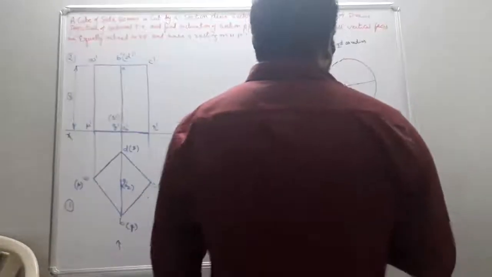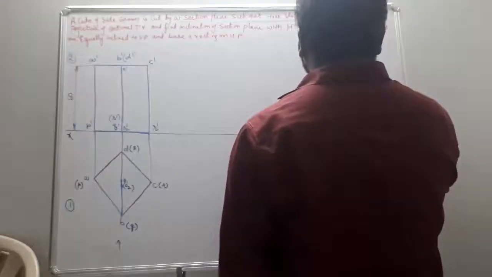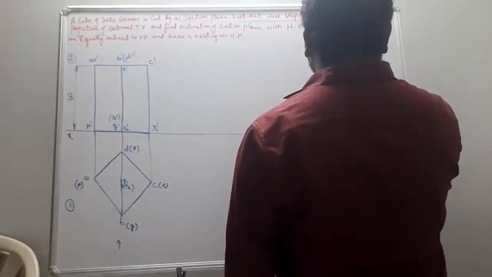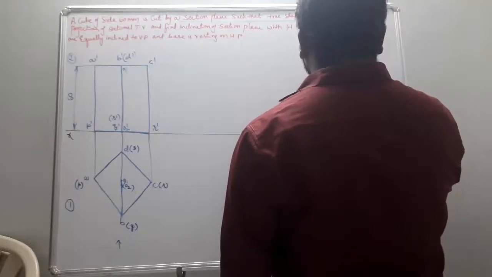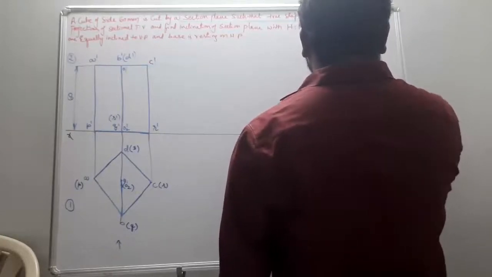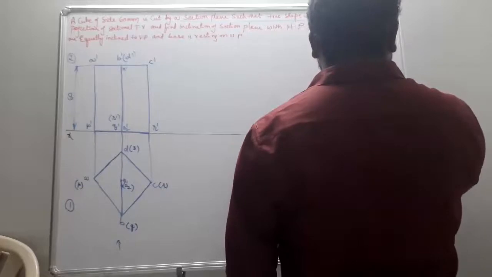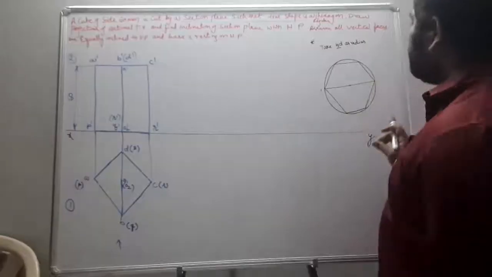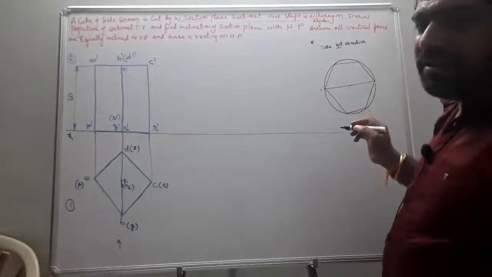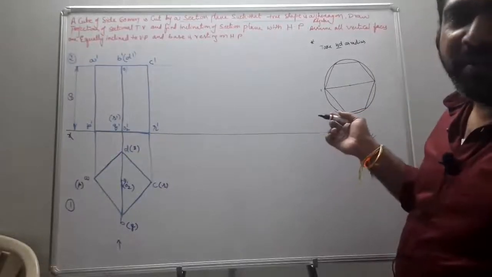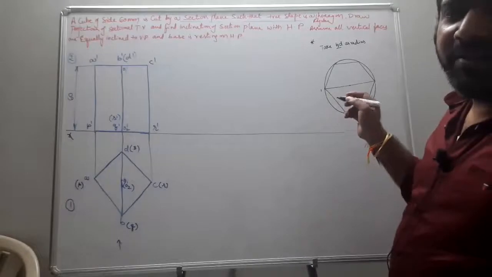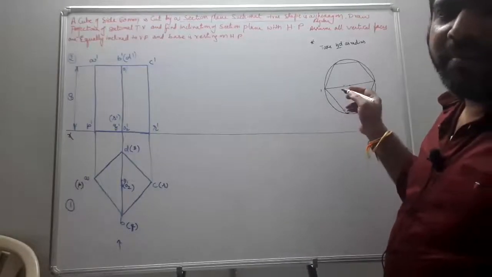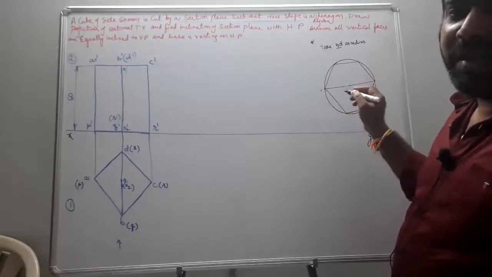Now I go for the procedure. To obtain a hexagon inside the circle, we go for geometrical construction: inscribe a hexagon in the given circle of diameter.